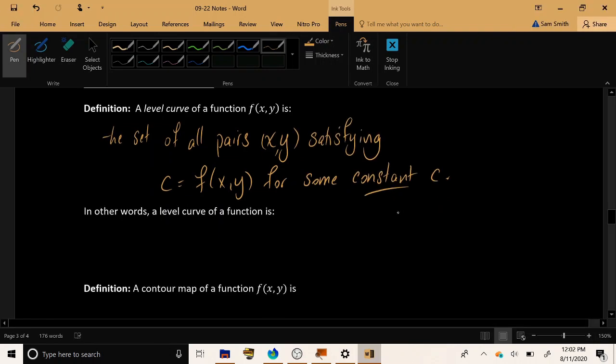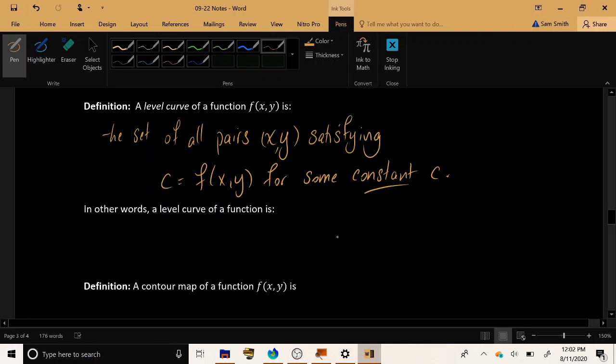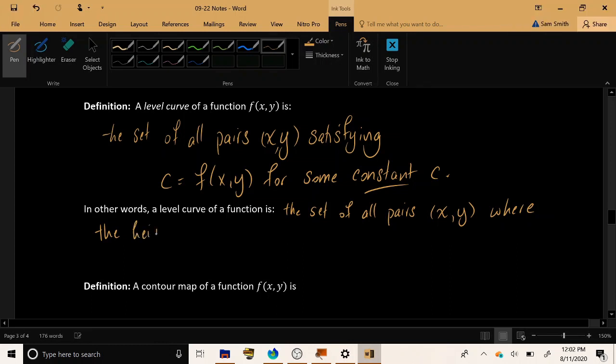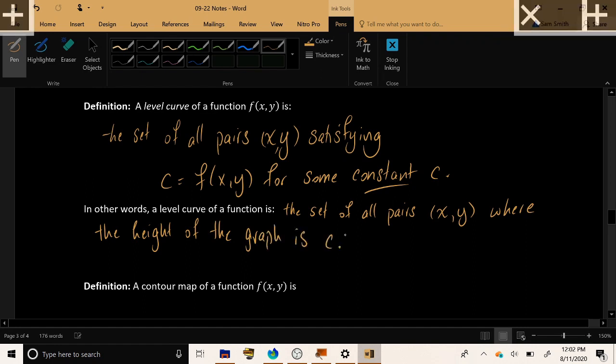Now, one interpretation of this that's extremely useful is that the level curve of a function is the set of all pairs x, y where the height of the graph is this constant C. So a level curve will tell you all the positions at which your graph has a certain height.